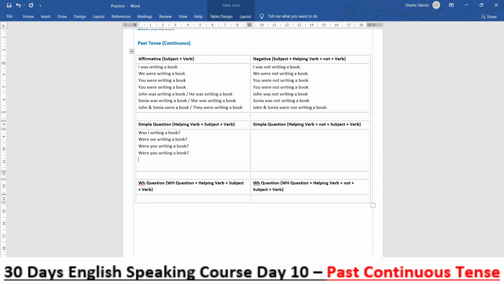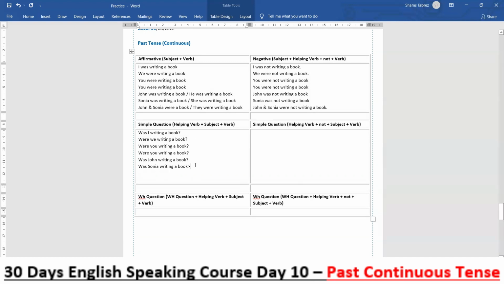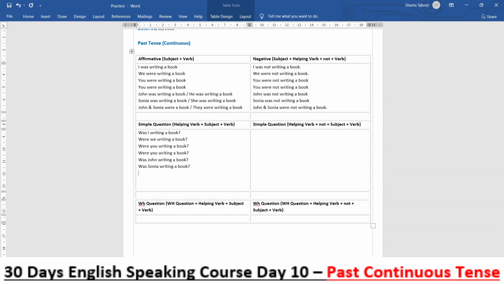Next, was John writing a book? Perfect. Was John writing a book? Was Sonia writing a book? John and Sonia were writing a book. If you say John and Sonia were writing a book, then it becomes affirmative.